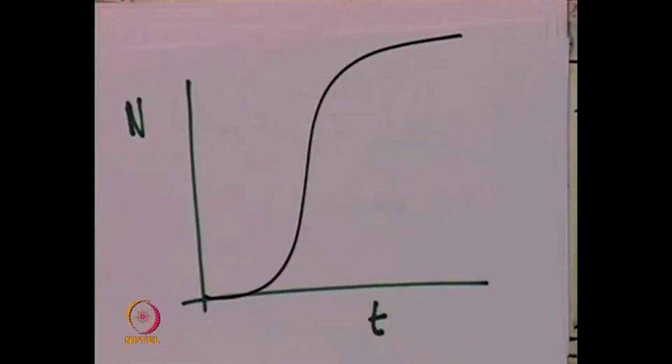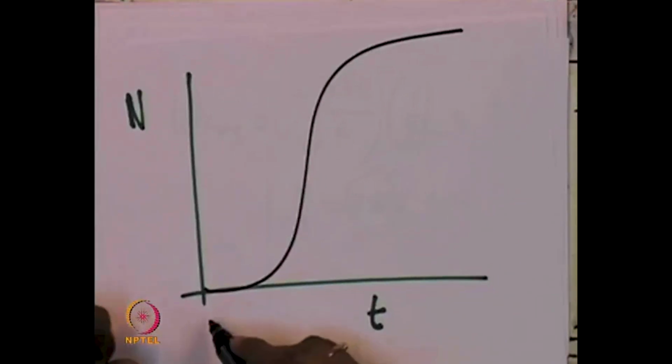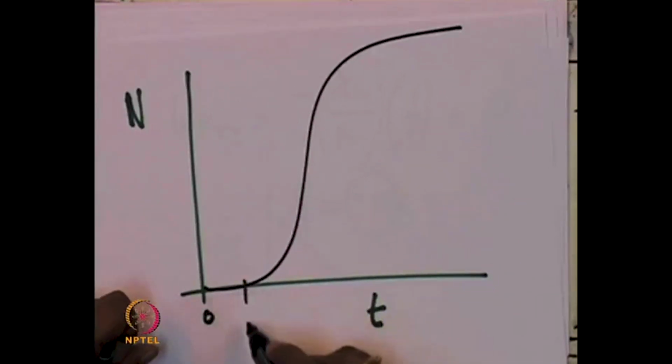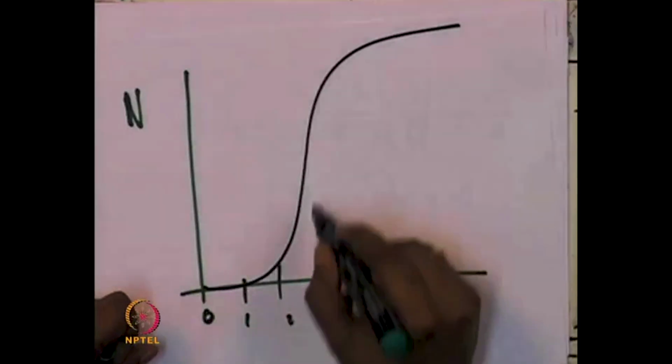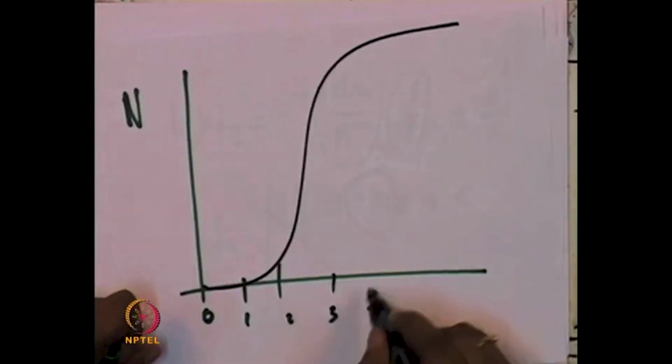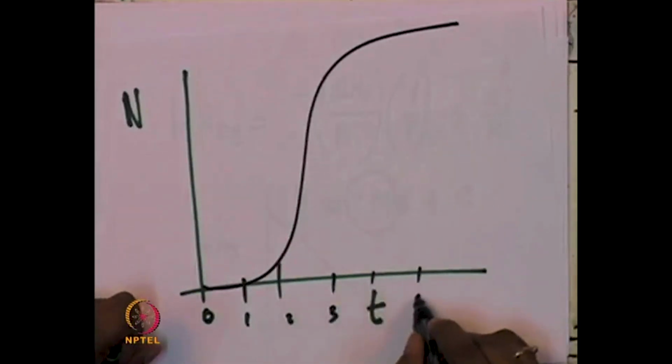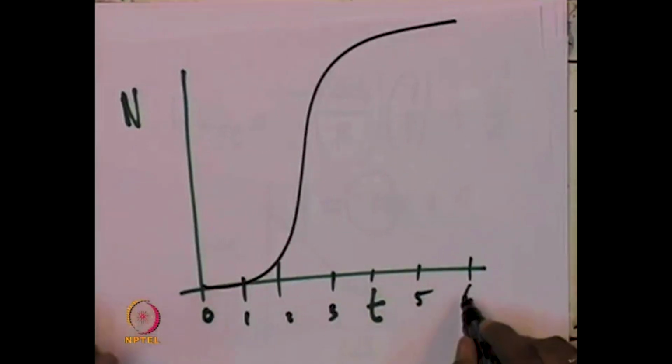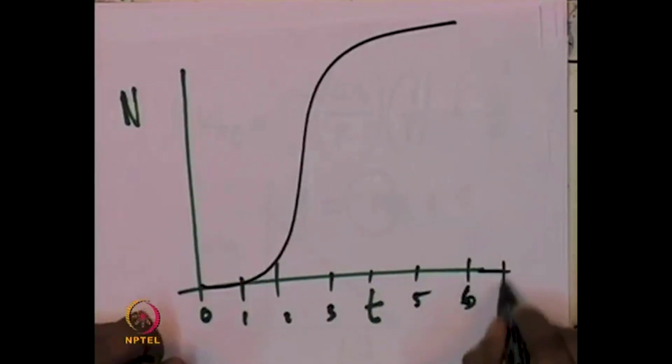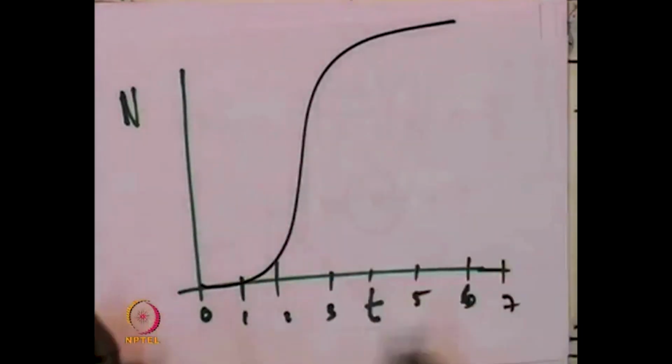Now, let us write the days here: 0, 1, 2, 3, 4, 5, 6. So, these are days. In a week this gets saturated, let us say this is the case.